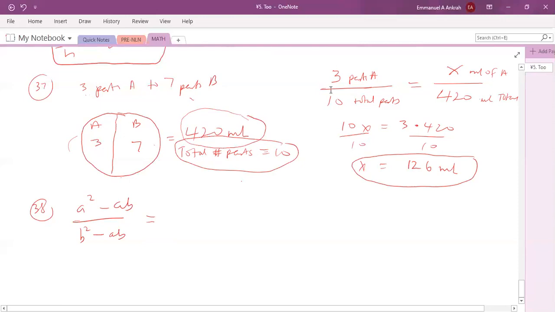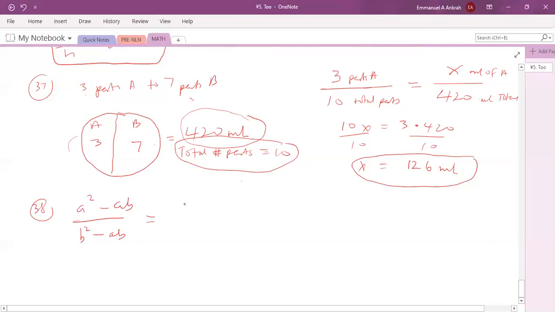Any volunteer for this question? What should I do? Okay, do you have any common factor here? If you look at the numerator, you have a common factor, a squared minus a.